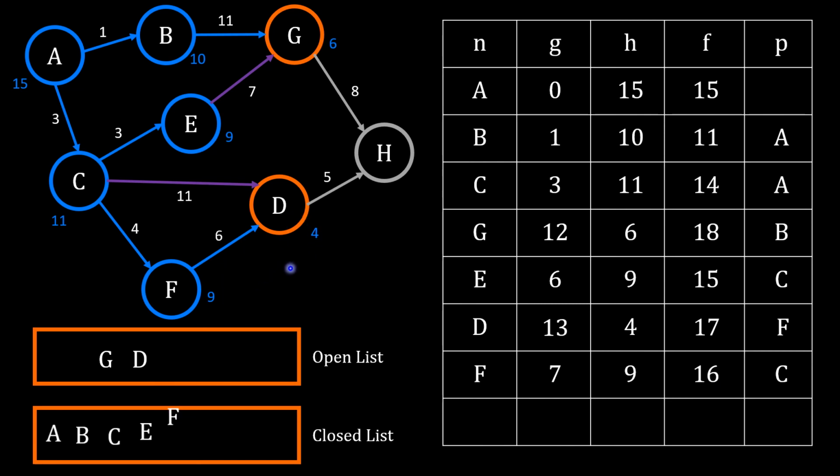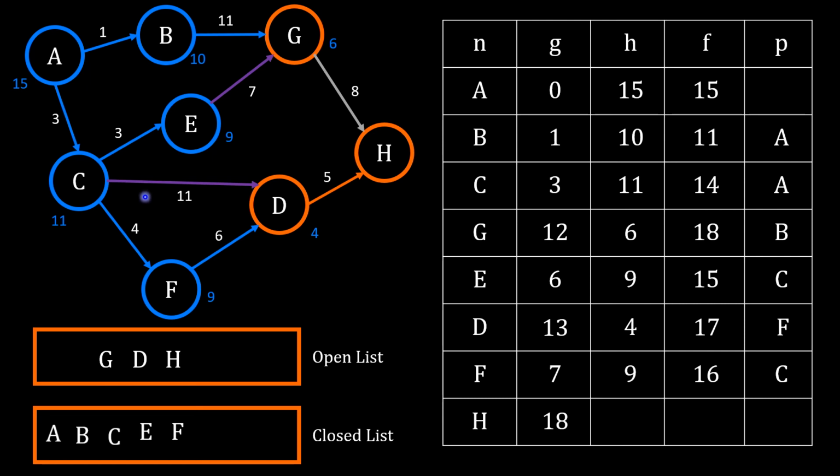F only has one neighbor, which is D, so we're going to change D, and the reason why we're changing the features of D is because we've actually found a shorter path to the node under consideration, which is D. C to D is actually a longer path. So we're going to be changing the features here. We're going to be removing that previous node C, and we're going to be changing it to F as we found a shorter path. So we're going to be updating the features.